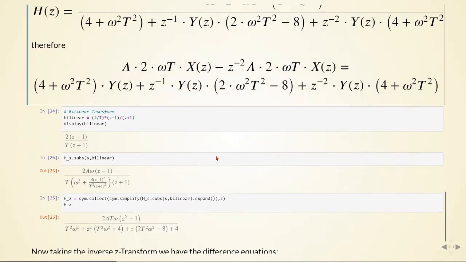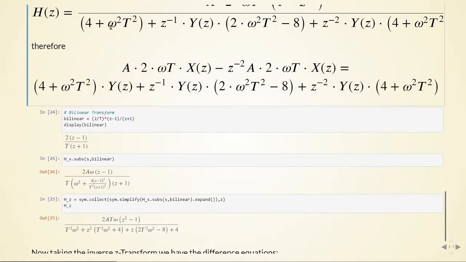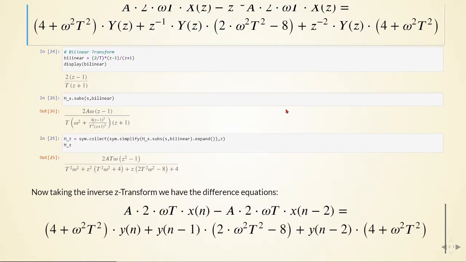And we can see we have also this term 4 plus omega T squared. We also have this 4 plus omega T squared without any z, and we have all these other parts.